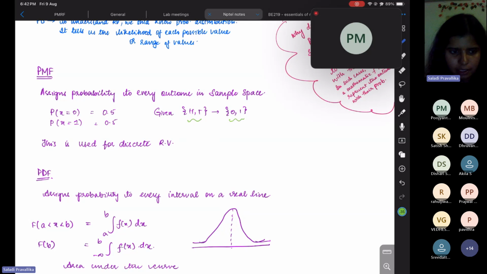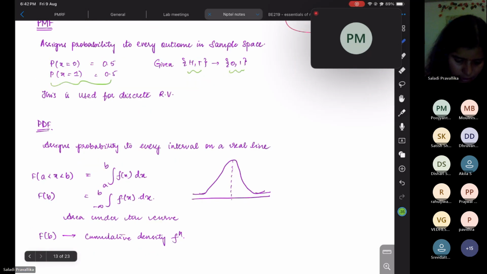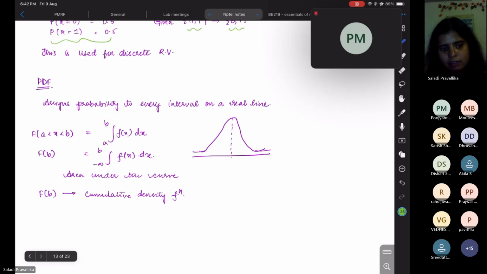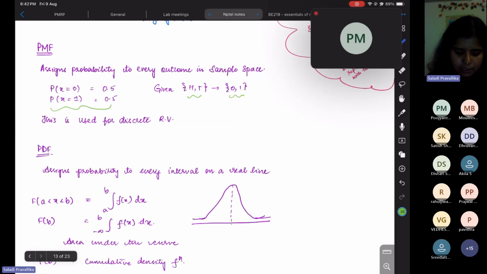I'm just labeling them. Then I write it in probability form: P of x equal to 0 is 0.5, P of x equal to 1 is 0.5. So this is used for a discrete random variable. This is the normal representation that we were seeing so far, and PMF is just the same.